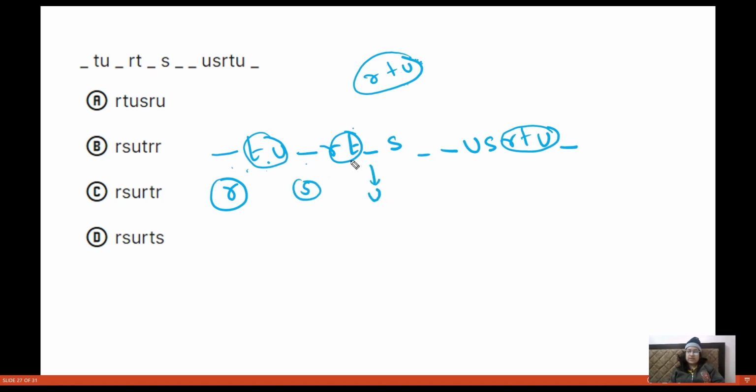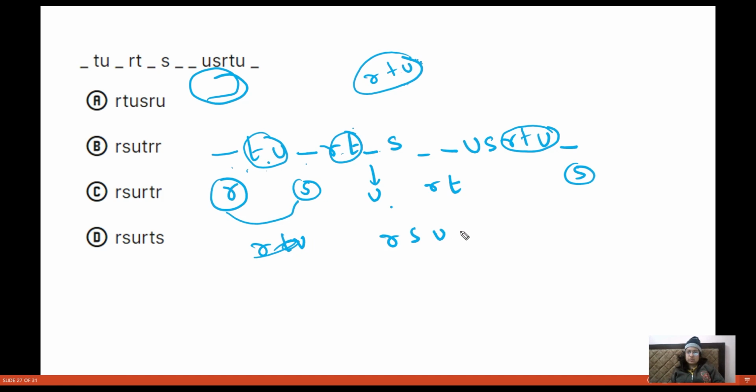If I fill U here, then RTUS. Then RT I can fill here, then S I can fill here. So see here, because these were the consecutive letters given, I was able to make out a sequence. So I don't have to put and check.